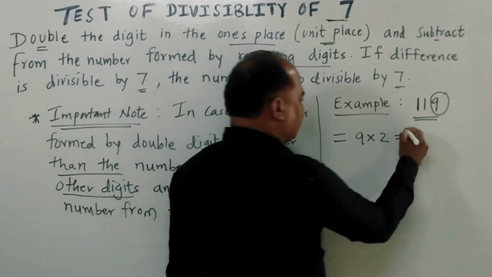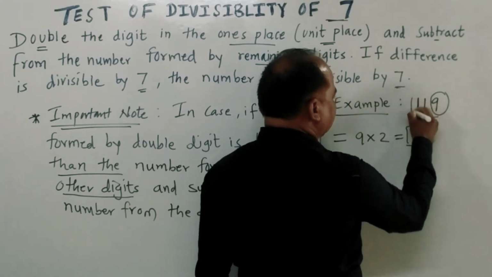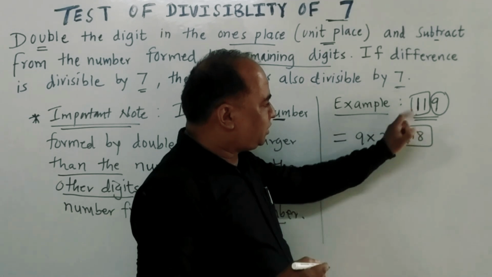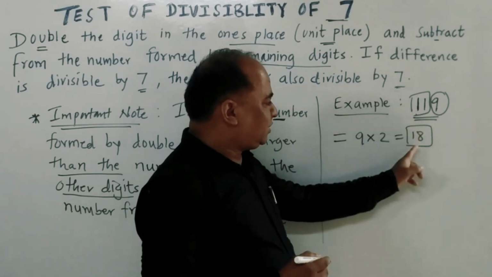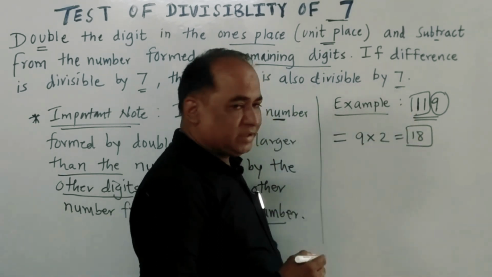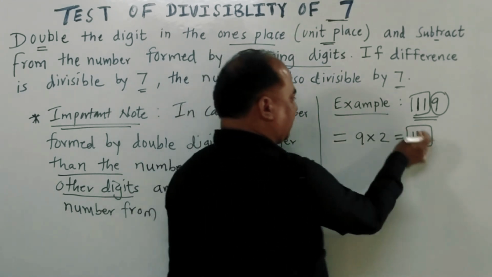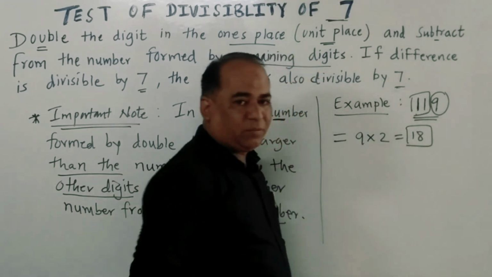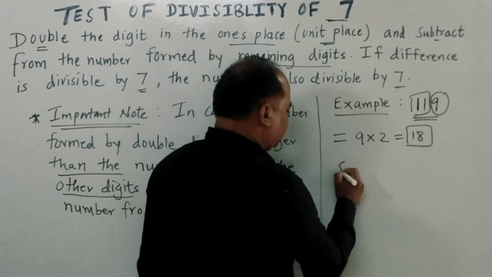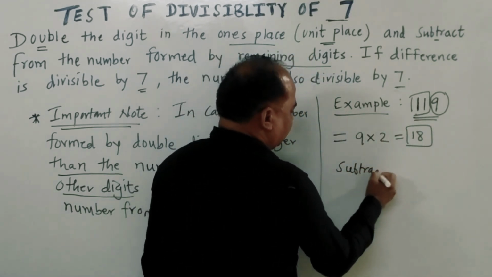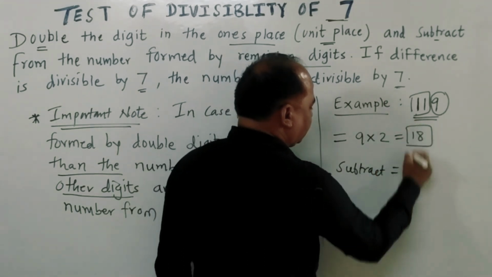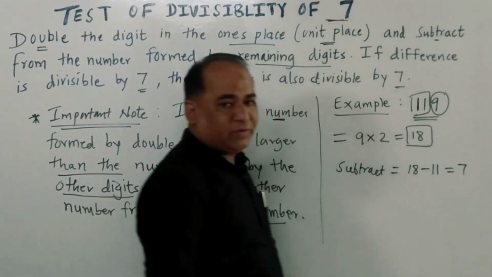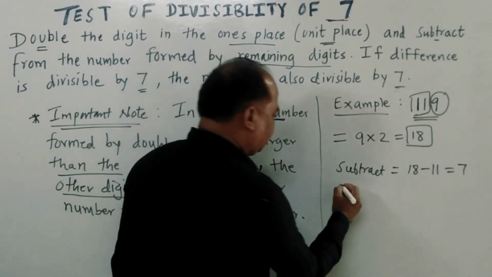Now this 18 is greater than the remaining two digits, 11. Since 11 is less than the doubled digit 18, in this situation we do the reverse: subtract 11 from 18. 18 minus 11 is equal to 7.